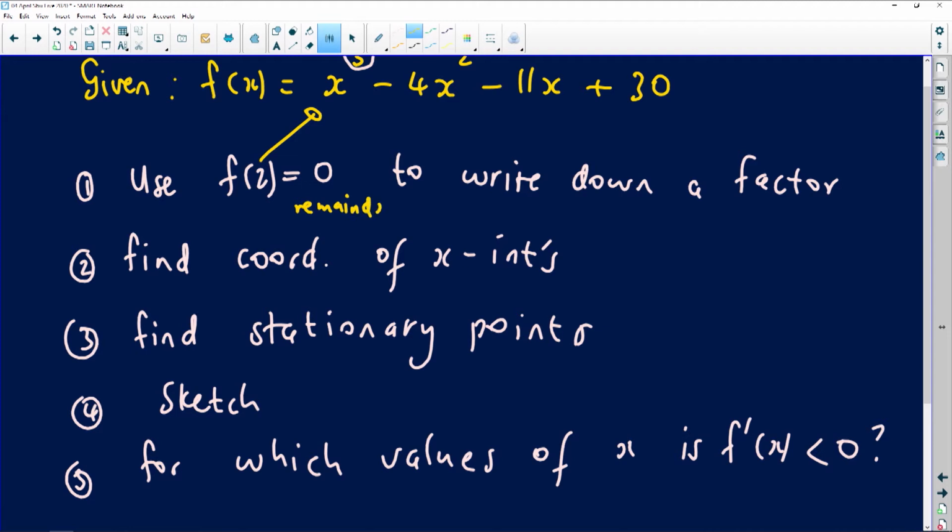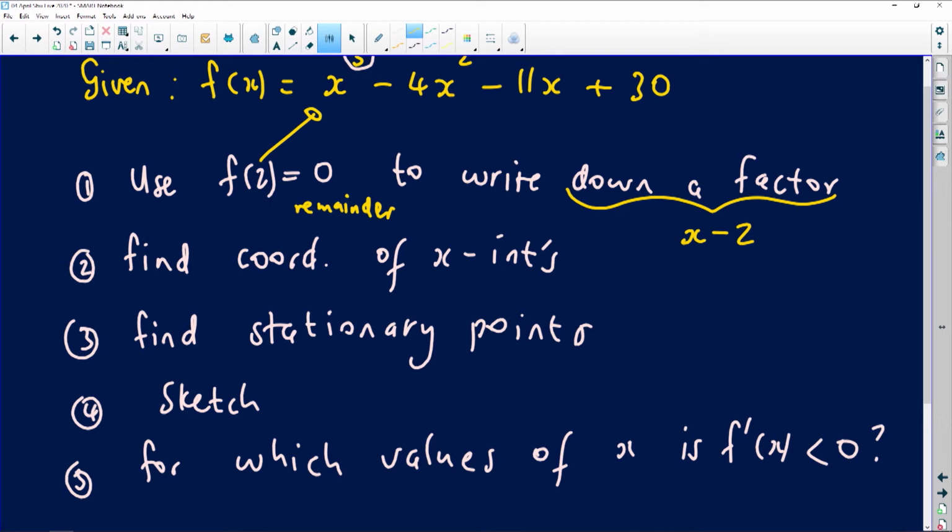So when I substitute 2 into f of x and end up with 0, it means there's nothing remaining. Which means the factor we are going to have here, write down a factor.